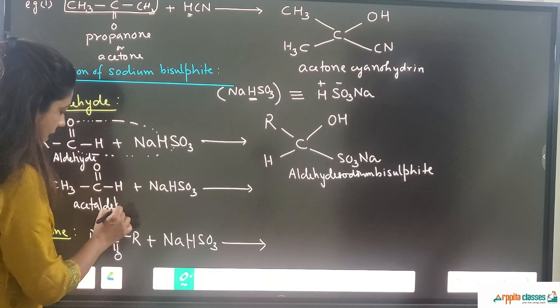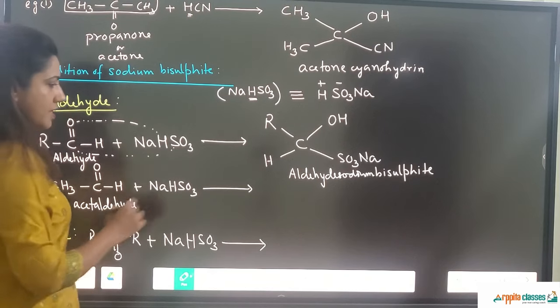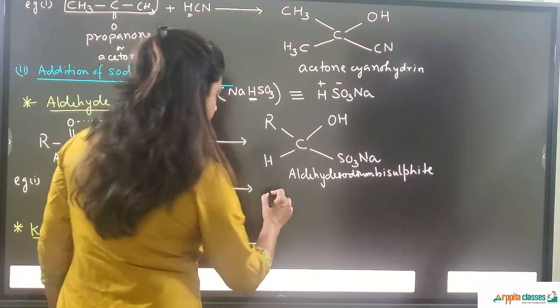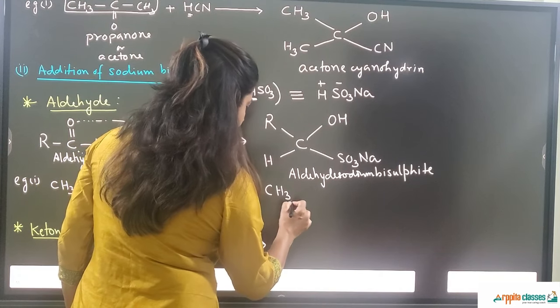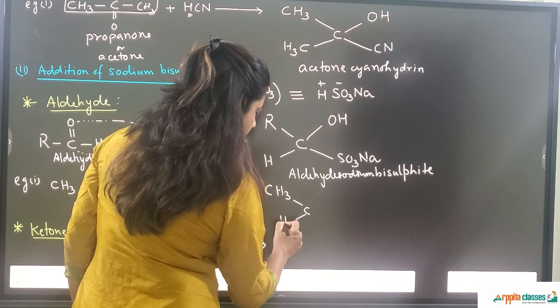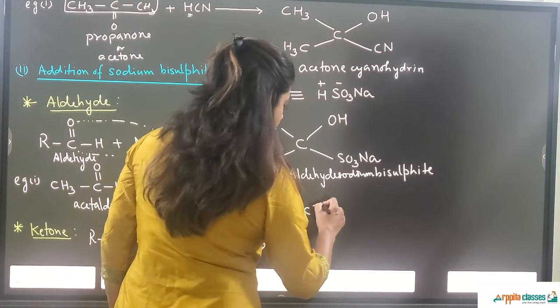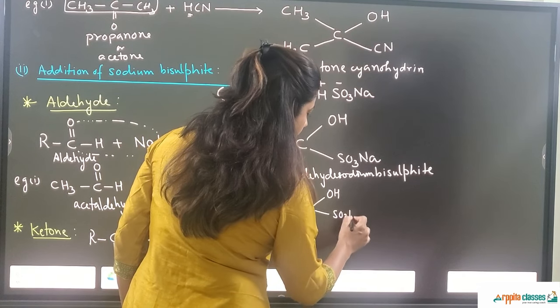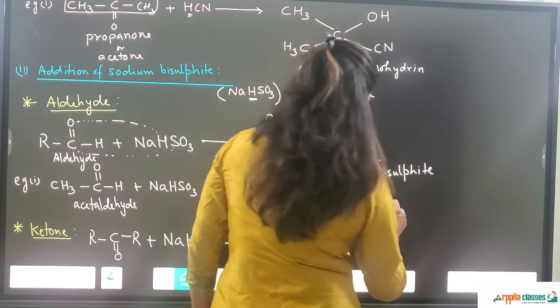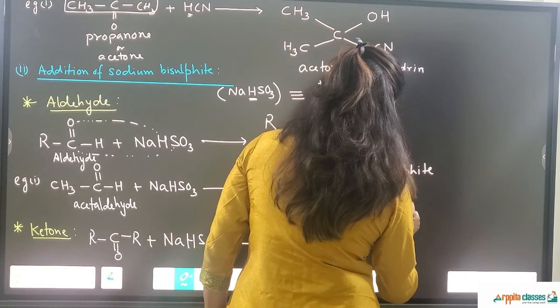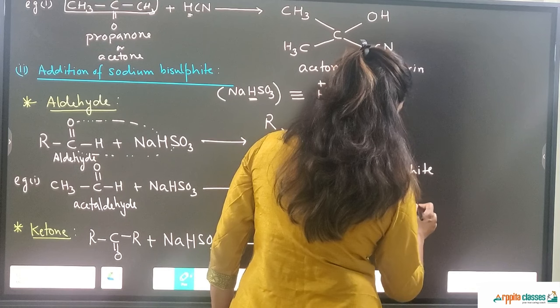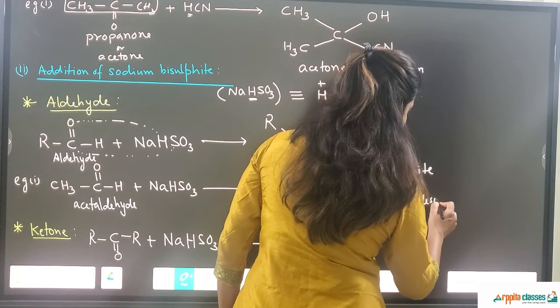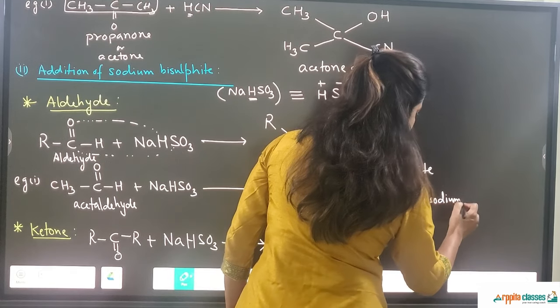This is acetaldehyde reacting with this. Now the product will be CH3C and H. These are undisturbed bonds. One bond will have OH and the other bond will have SO3Na. Now the aldehyde is acetaldehyde, so we'll write acetaldehyde sodium bisulfite.